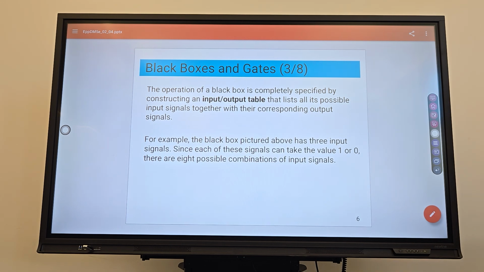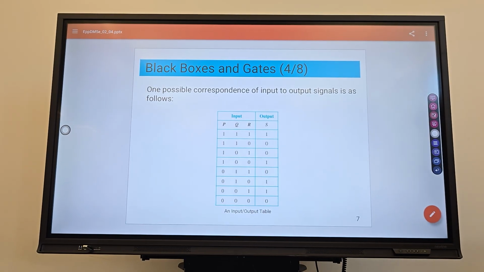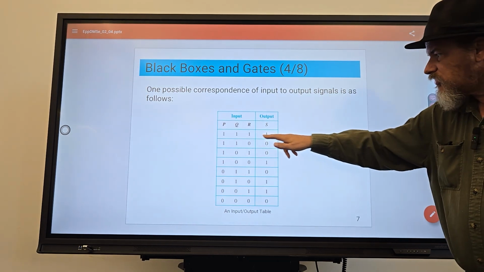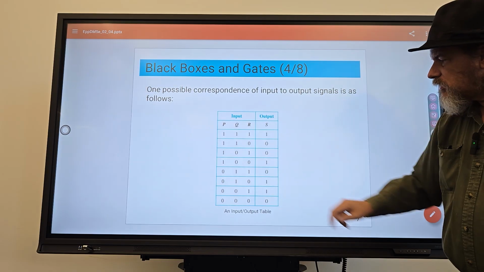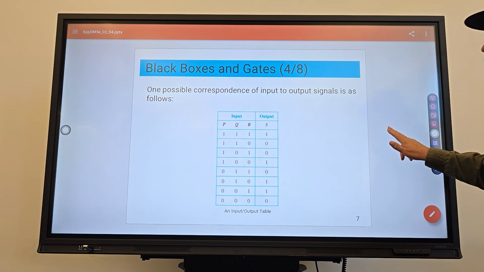The number of possible input combinations is 2 to the power of the number of input variables. One possible correspondence of input and output signals is this state table here. Given the inputs, these combinations yield those outputs.